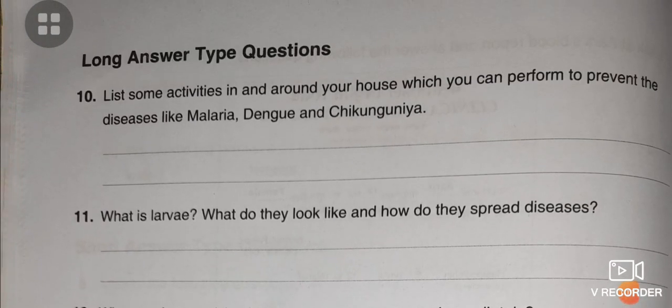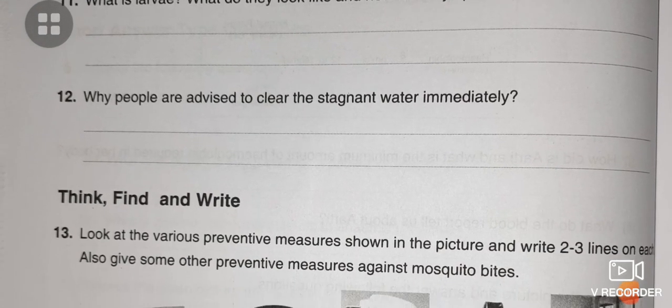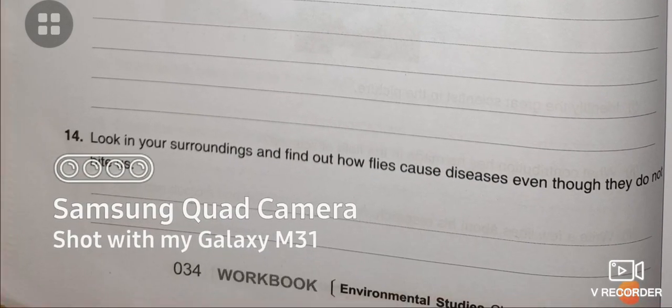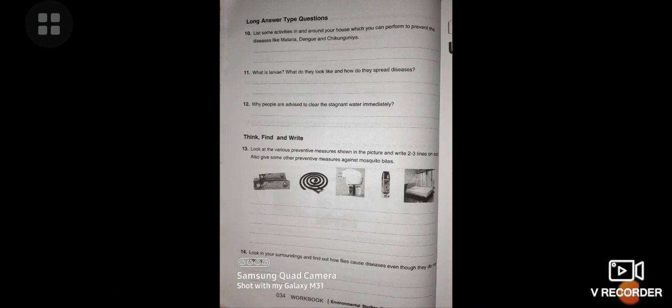This is everything about the chapter. Keeping in mind these questions, you can read the textbook page, so it will be more helpful for you.